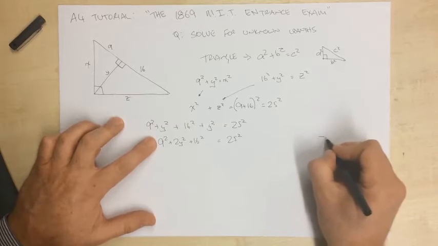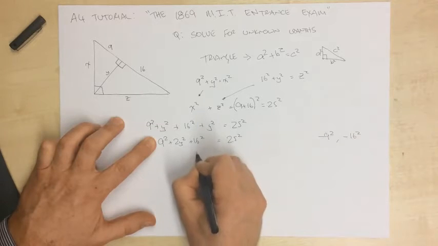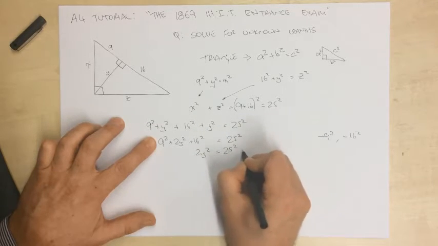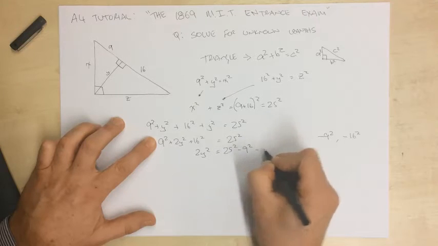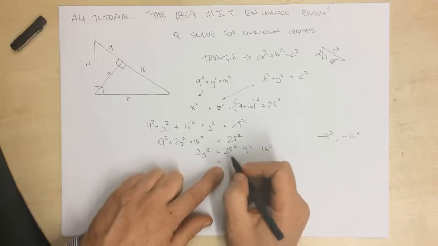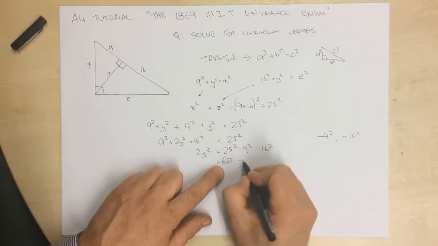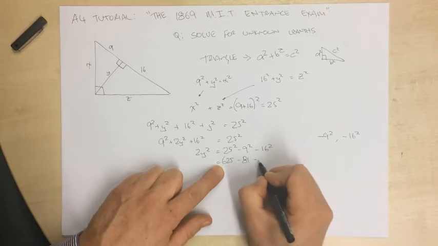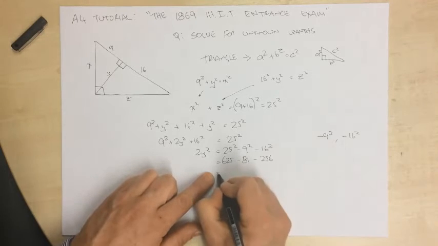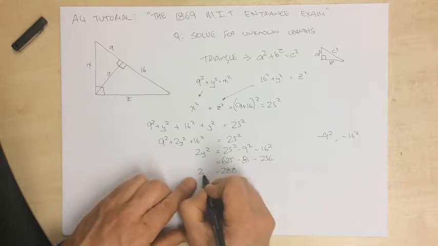All we do is minus 9 squared off each side and minus 16 squared, and that gives us 2y squared is 25 squared minus 9 squared minus 16 squared, which equals 625 minus 81 minus 256, which equals 288.